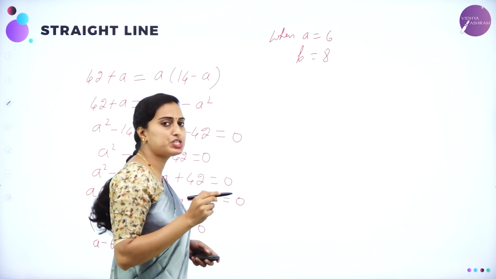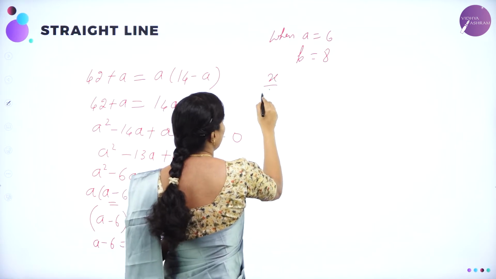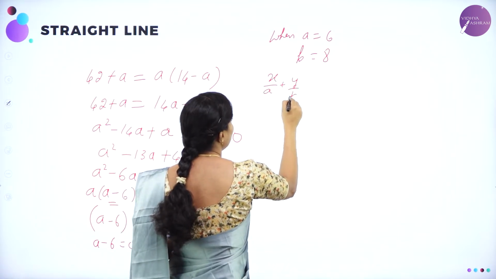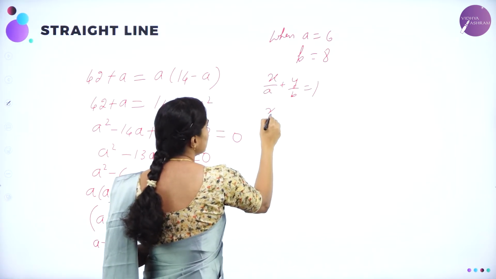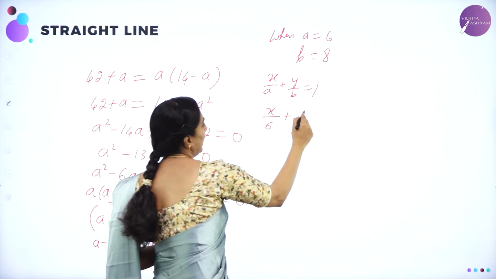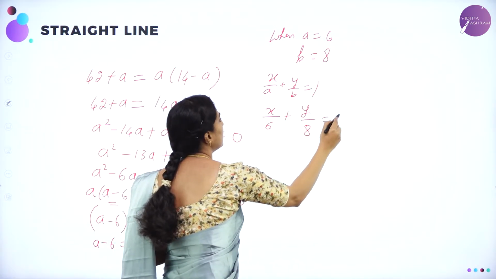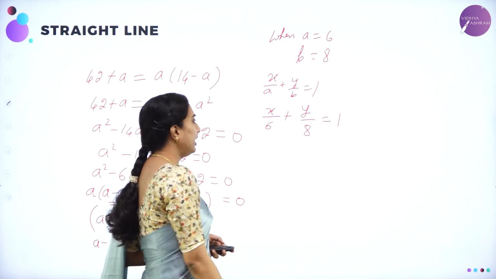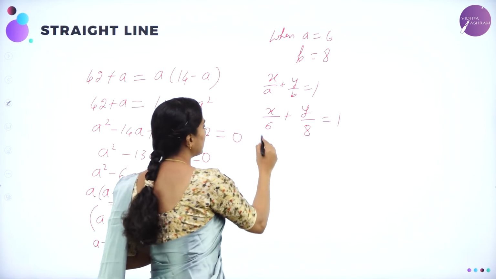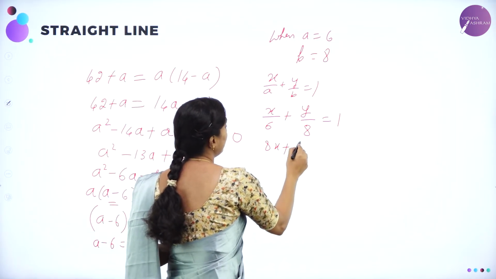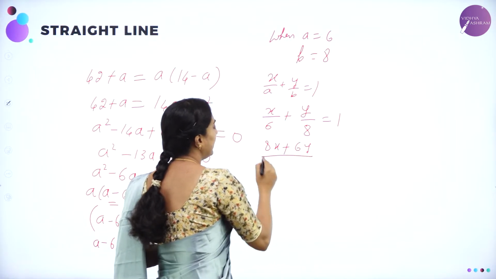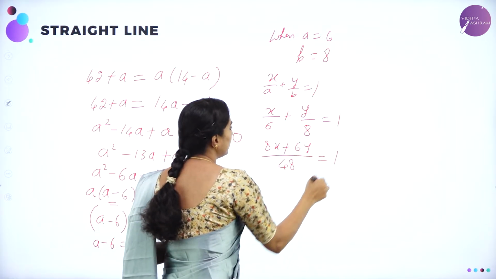So, what about the equation? Substitute in the equation x divided by a plus y divided by b is equal to 1, which is x divided by 6, y divided by 8 is equal to 1. Now, you can take the LCM here, which is 8x plus 6y divided by 48 is equal to 1.